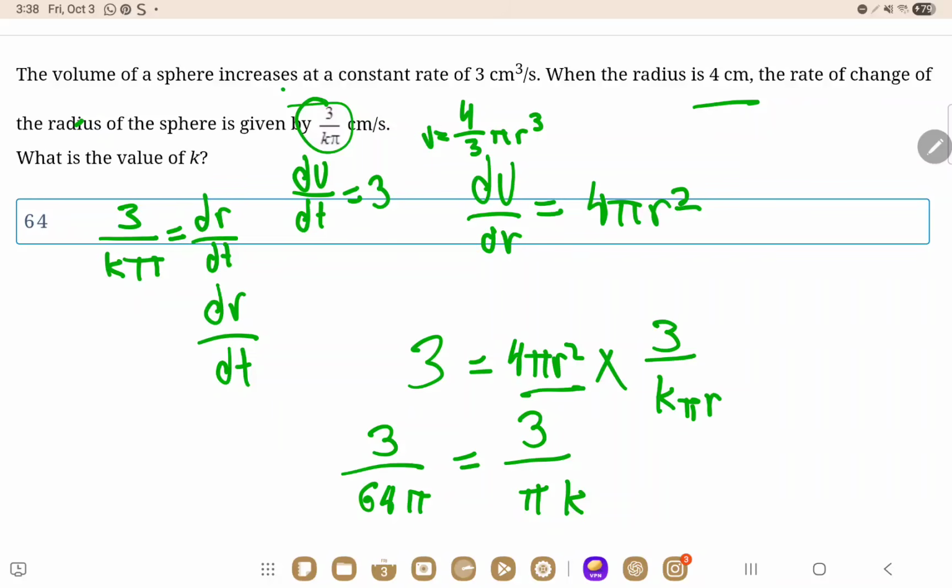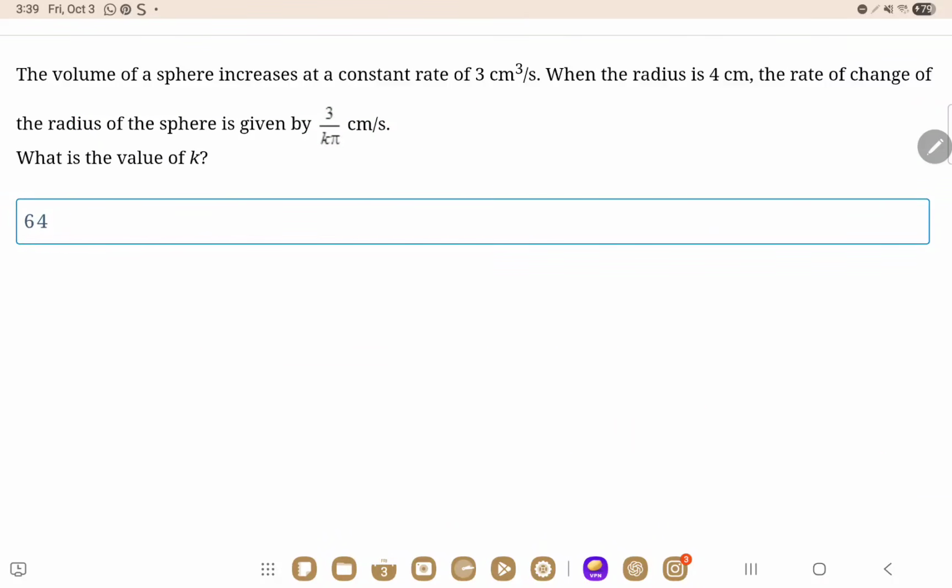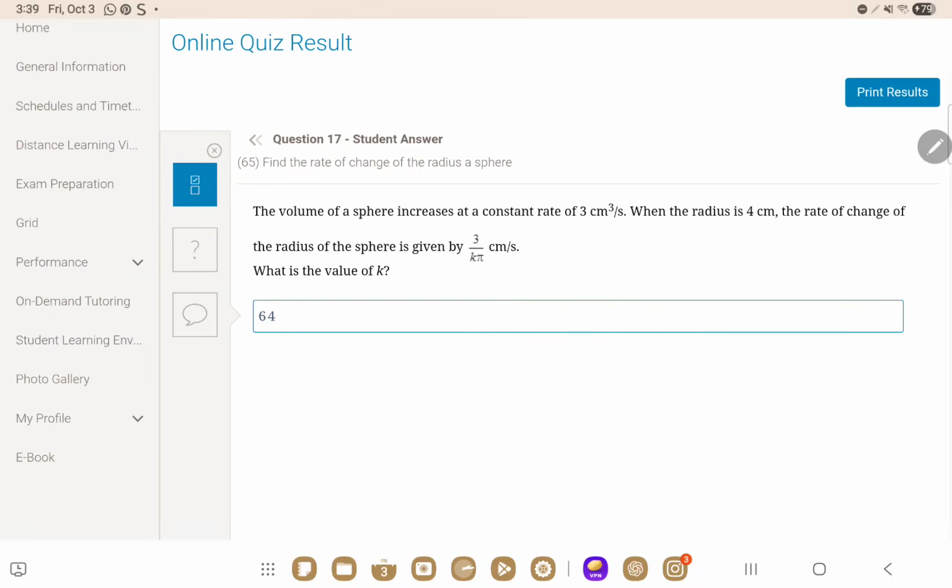It's just k pi. They gave us k pi. I don't know where I got this r from. My bad. So now 3 over 3 is the same, 64 and there's k. So k is equal to 64. And that is your final answer. That is it for this quiz. I hope you understood everything. Have a great day. Bye.